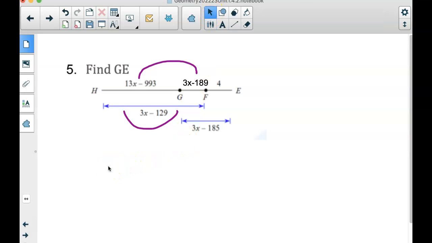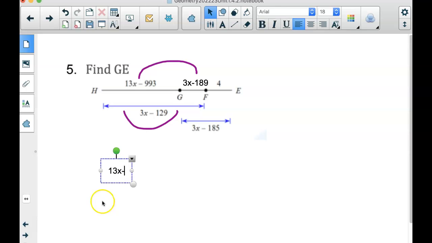Okay, so I have 13x minus 993 plus 3x minus 189.